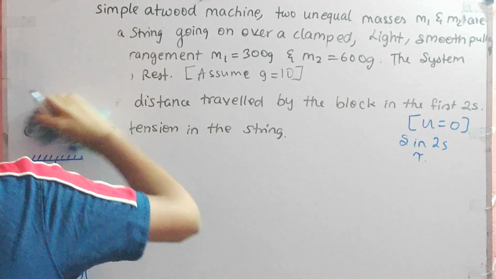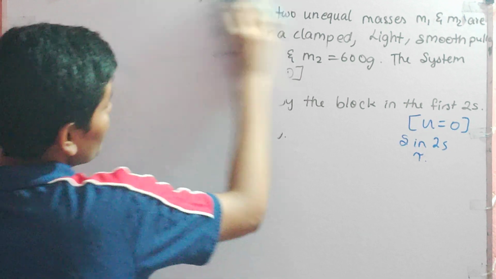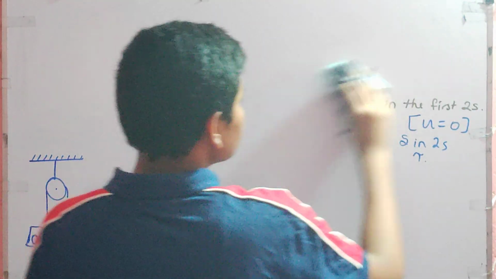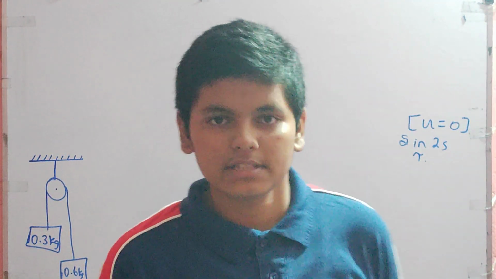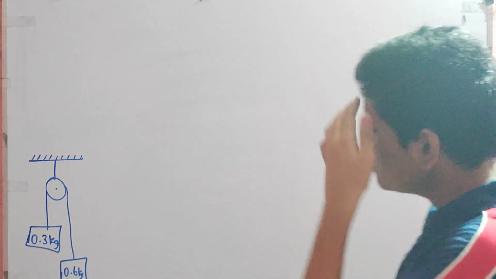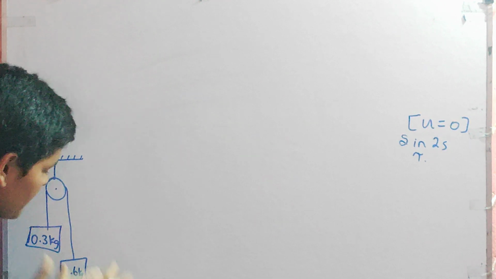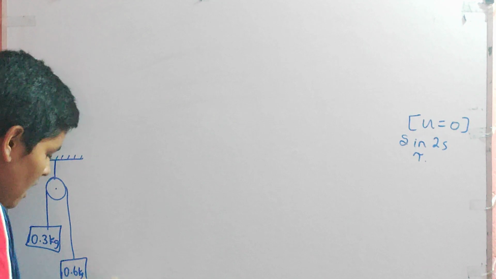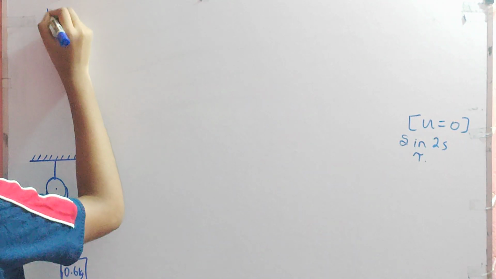So according to this question, this is our Atwood machine with the mass M1 as 0.3 kg instead of 300 grams and M2 as 0.6 kg. Now we are going to take g equal to 10 for easier calculations. So now this system is released from rest, and this 0.6 kg block comes down. First let us draw the free body diagram.